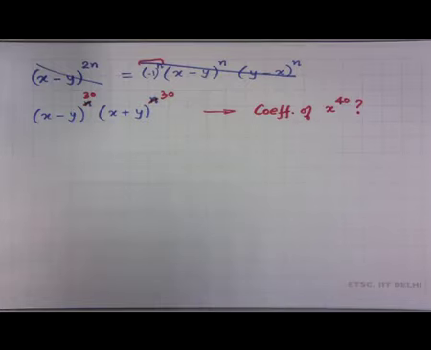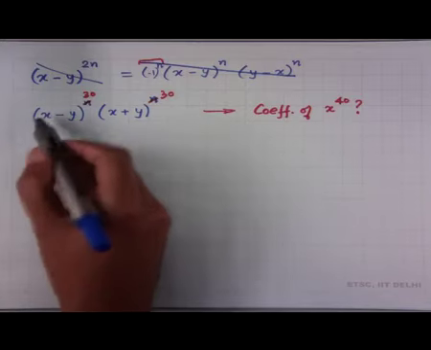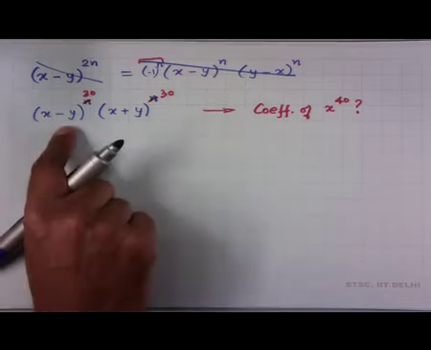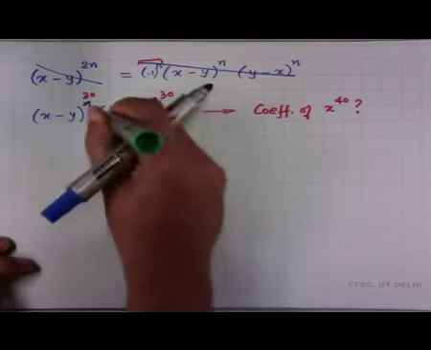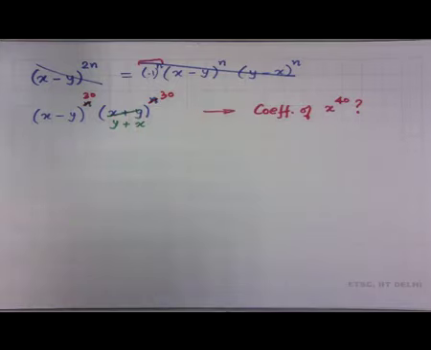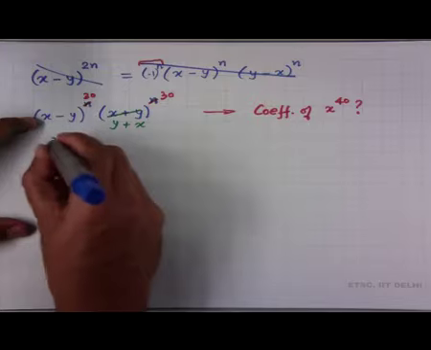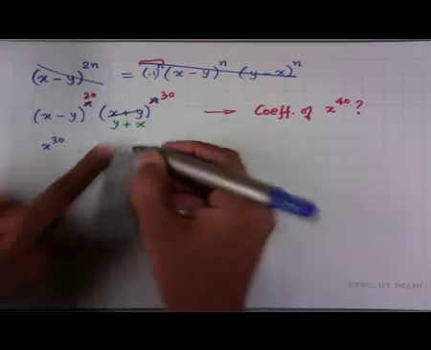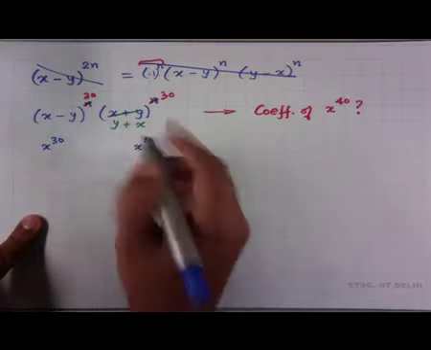How will you generate x power 40? You can pick x power 30 from the first one, and remember we always flip the second one. Okay. So, you pick x power 30 from the first one and x power 10 from the second one.